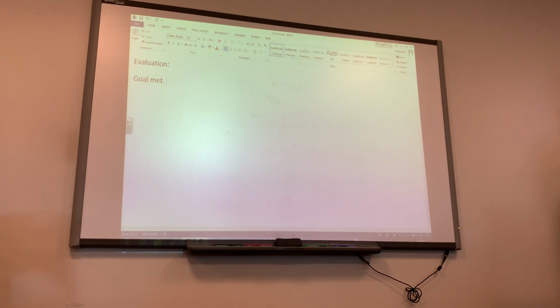Or goal not met, partially met. Goal met. Patient states pain 3 out of 10. After receiving pain and nausea medications 1 hour ago. All right?